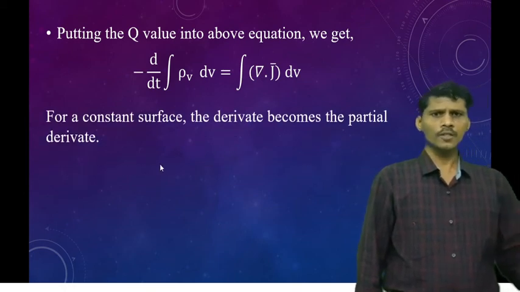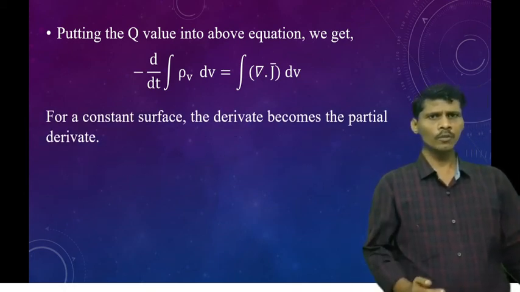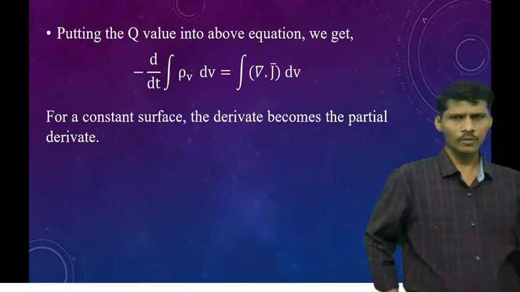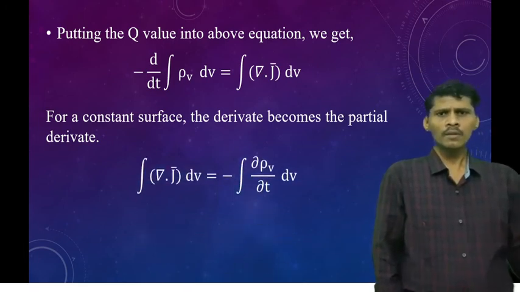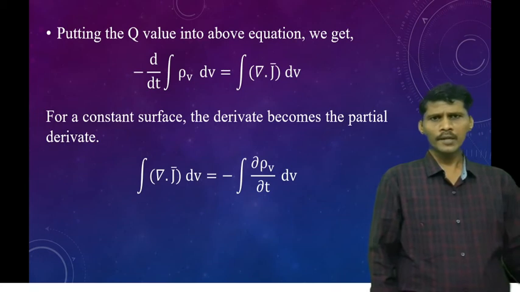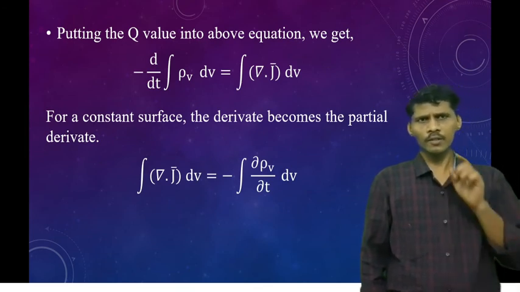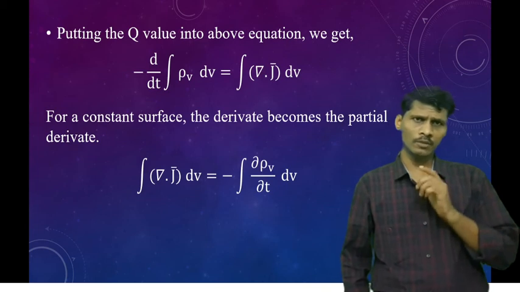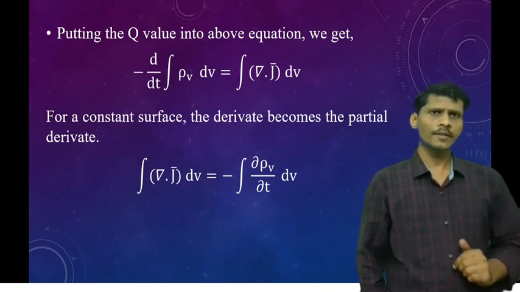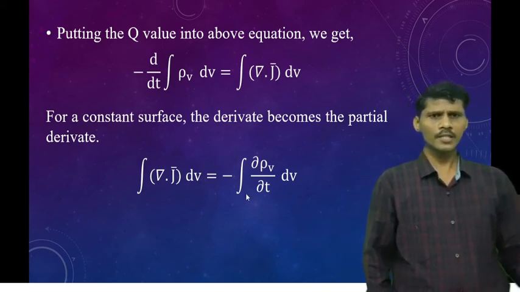For a constant surface, the ordinary derivative is converted to the partial derivative, so we get the volume integral of del dot J bar dv is equal to minus the volume integral of dou rho v by dou t dv.